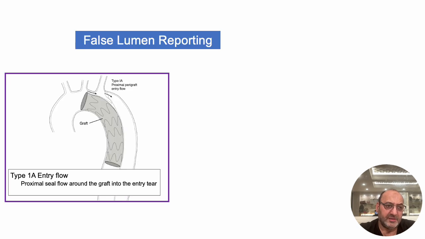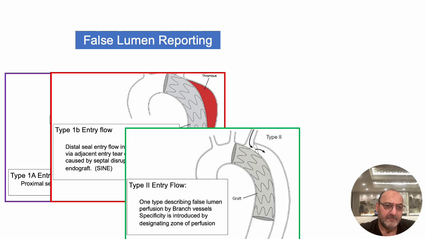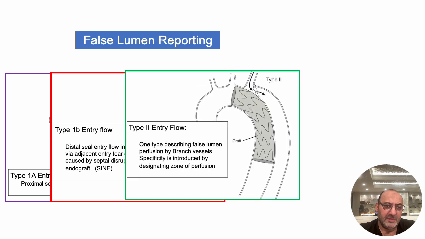False lumen reporting, I want to be brief. Type 1, and type 1A and 1B leaks are normal, like you would do for EVAR. A type 2 leak in dissection means a branch leak. This could be subclavian, renal, SMA, a false lumen communication, or a lumbar.